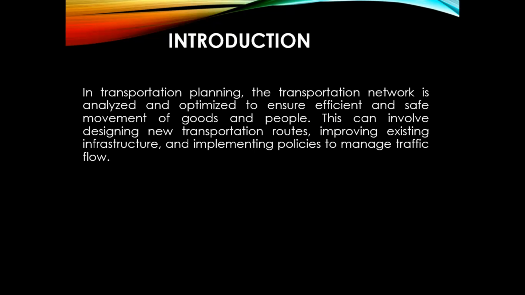In transportation planning, all this network needs to be analyzed to ensure that it is safe. The number one important part of any transportation system is safety. The safety of the movement of people and goods from one location to another must be assured. That is the reason why we have all this planning of the network, to make sure that all these things are well analyzed and optimized in order to ensure safety.